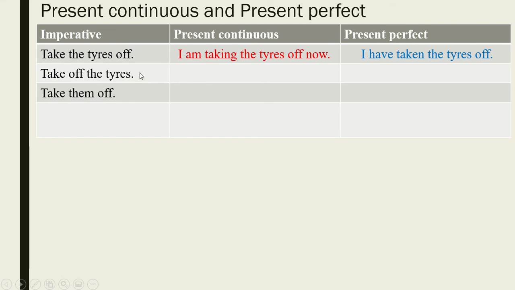Here the object comes after the adverb. It can, because the object is a noun, no problem. So the present continuous is: I am taking off the tires now. And the present perfect is: I've taken off the tires.